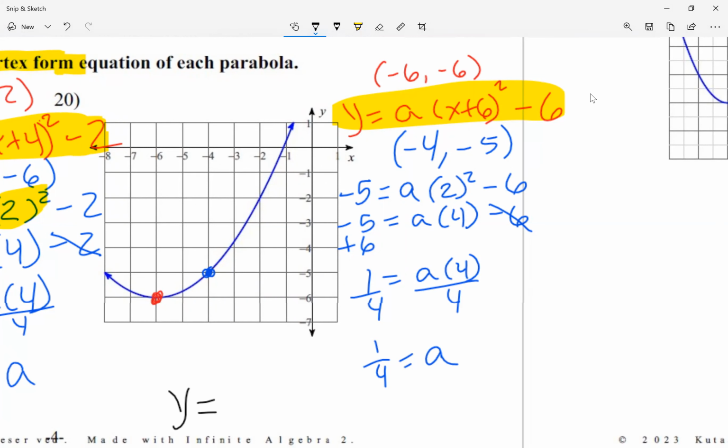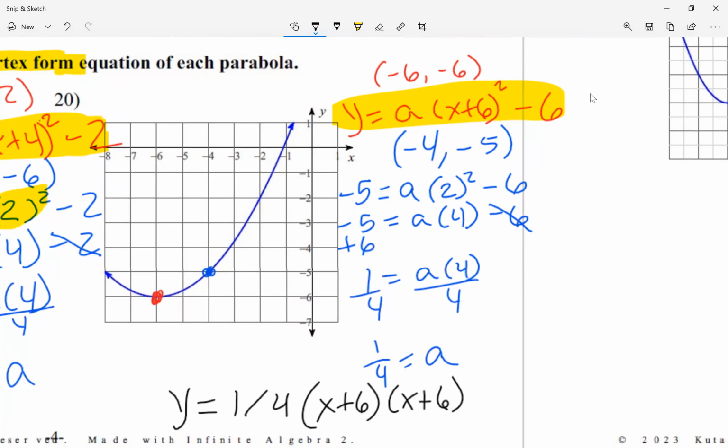The way I write fourth for the answer, I go 1 \4. So there's the 1/4. And then I have to write the parentheses x plus 6 twice. So x plus 6 twice. My parentheses, right? X plus 6 squared. So I write it twice. Then minus 6.